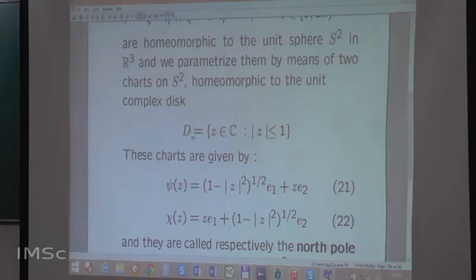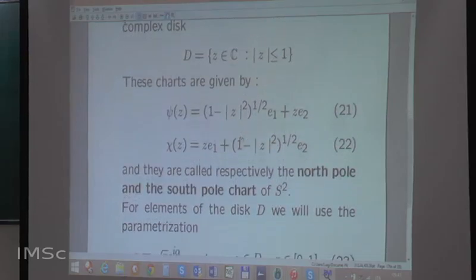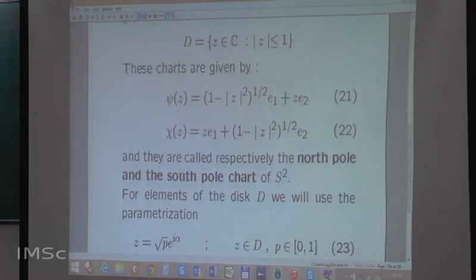So you parameterize the rays in C2, so these are unit vectors. And here the square root is an arbitrary complex square root, and Z is an arbitrary number inside the disk. And you will see that the elements of the disk are complex numbers of modulus 1. And therefore, we will parameterize them by probability.